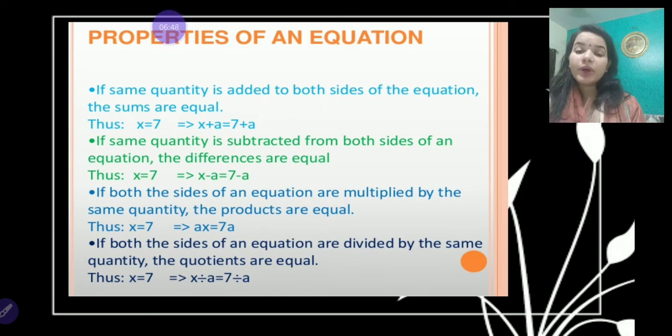Similarly, in an equation also you have to do the same operation on both sides. If you add or subtract something on one side and not on the other side, then your equation will be wrong. It will not be equal. So for keeping the equation equal, you have to do the same operation on both sides.